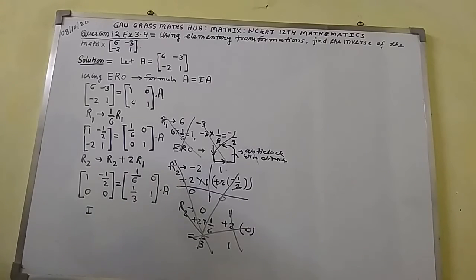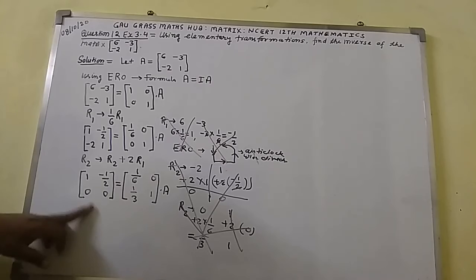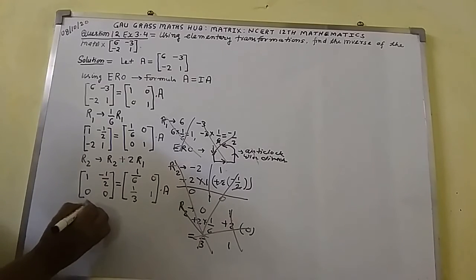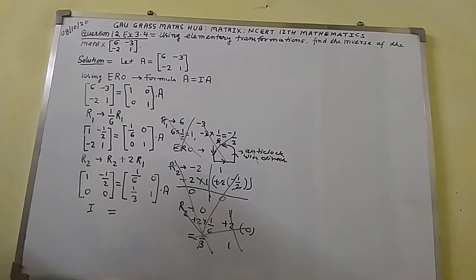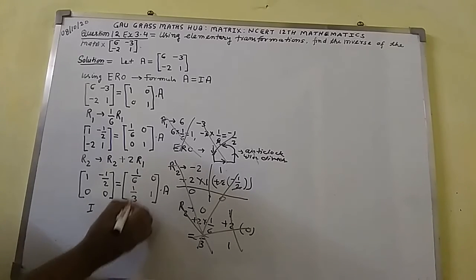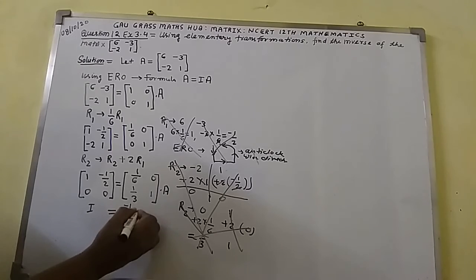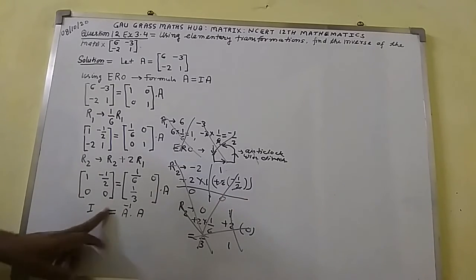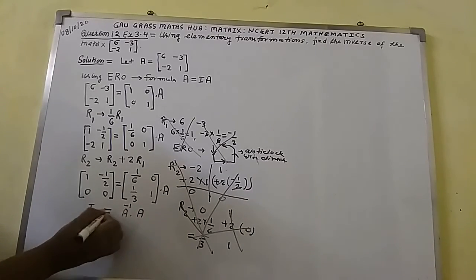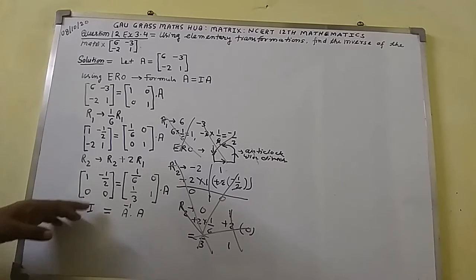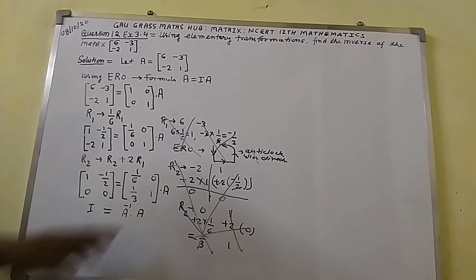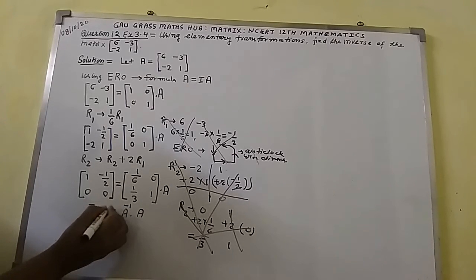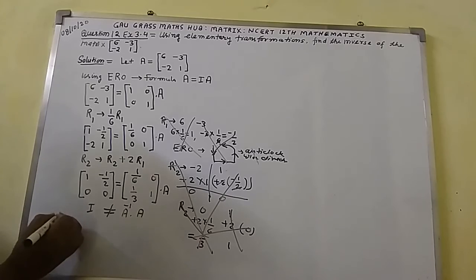In the identity matrix, if it becomes the inverse matrix dot A, this is the identity matrix, but the identity matrix is not equal to A inverse dot A. So this will not be equal to this one.